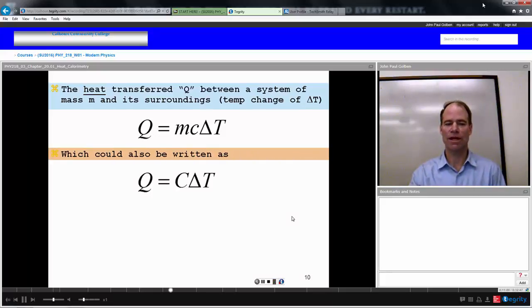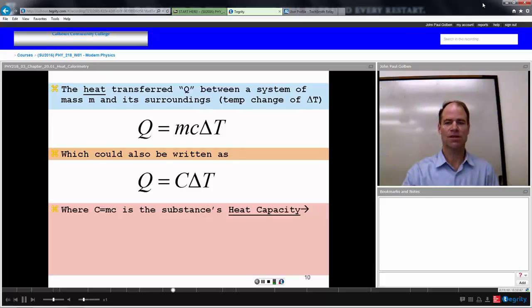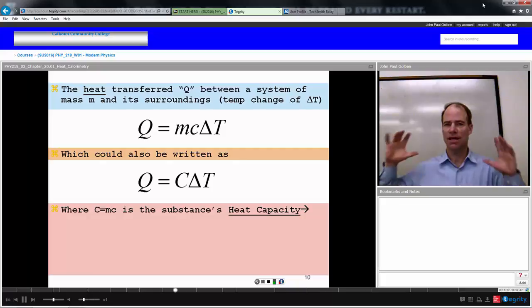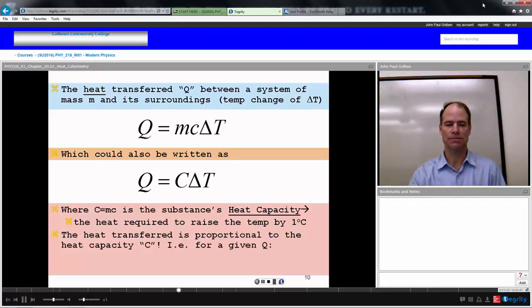We can also write this as Q is equal to large C times the change in temperature, where this large C variable is called the heat capacity, and is equal to the total mass of a substance times its specific heat. So that's the heat capacity of that particular object or substance. It is the heat required to raise the temperature of that substance, whatever mass it has, by 1 degree Celsius.